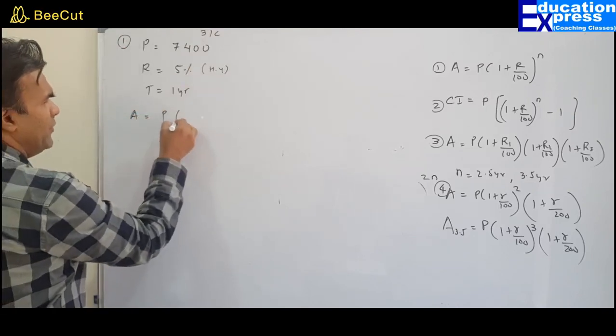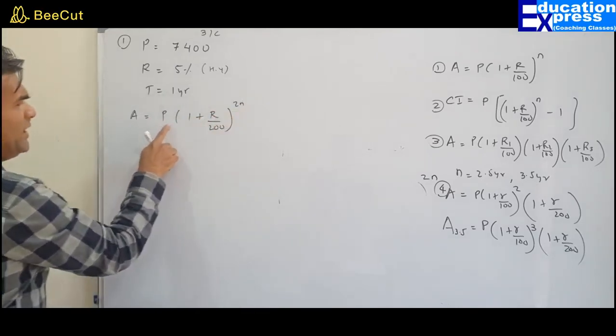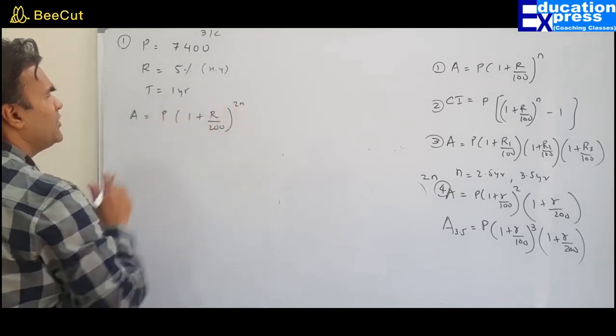So let's use our formula for half yearly, which is P times 1 plus R upon 200 raised to 2n.